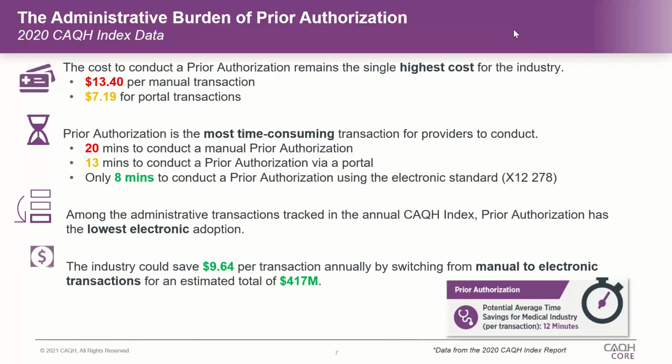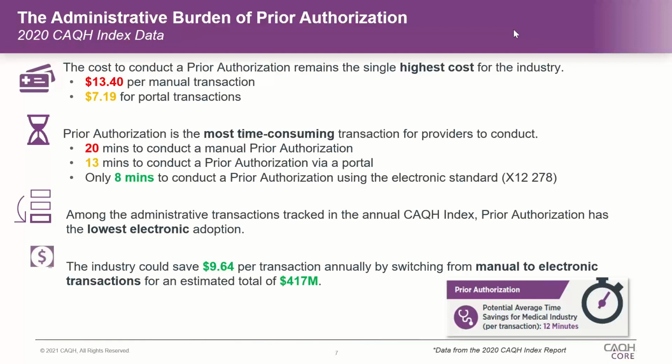So if we look just at the cost to conduct a prior authorization, we see that it costs the medical industry, which includes health plans and providers, $13.40 per transaction to conduct a prior authorization manually, which is by phone, fax, mail, or email, and then $7.19 to conduct a prior auth via a web portal.